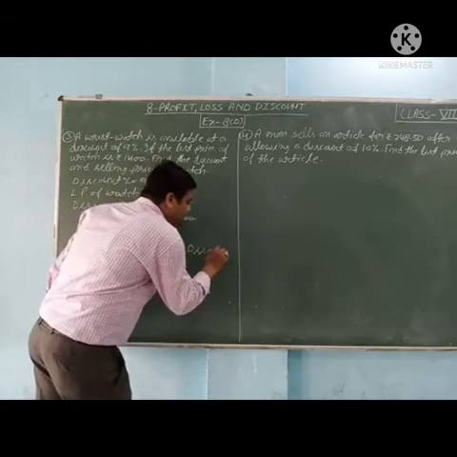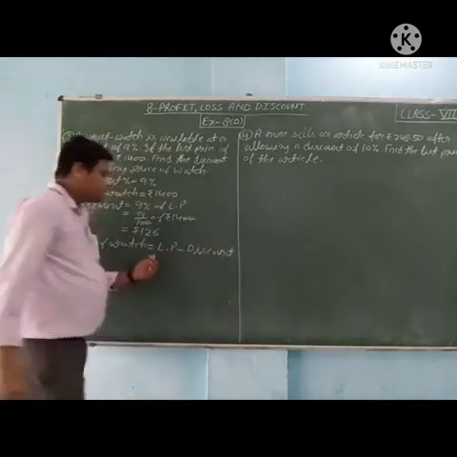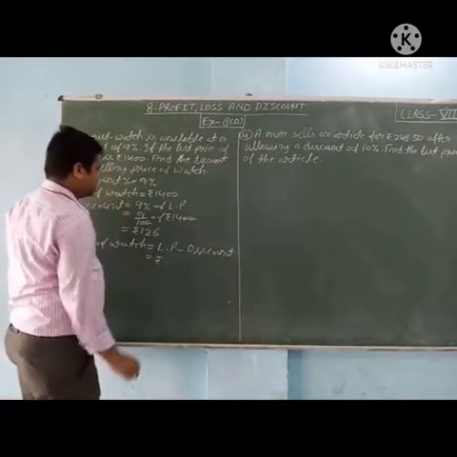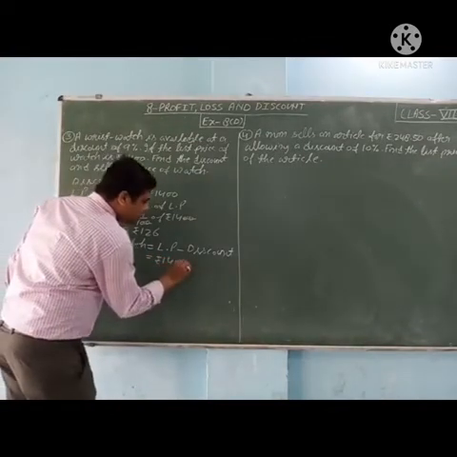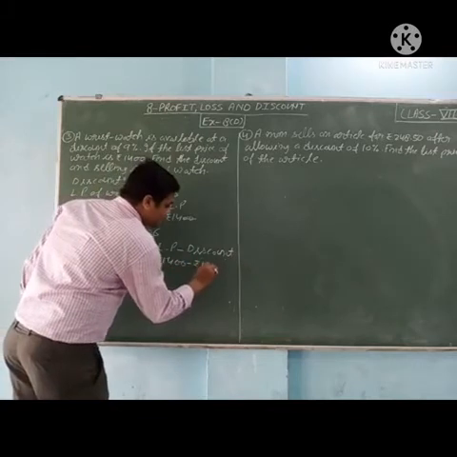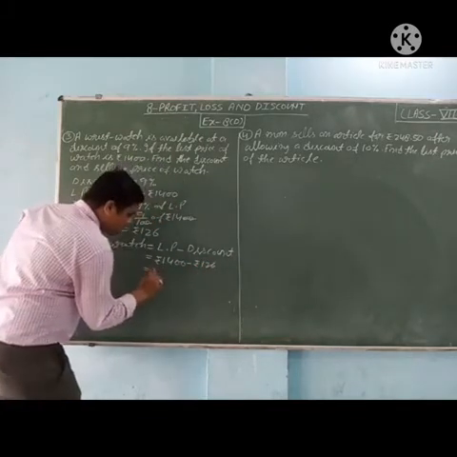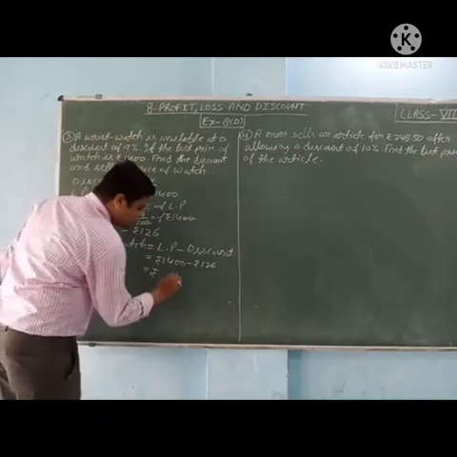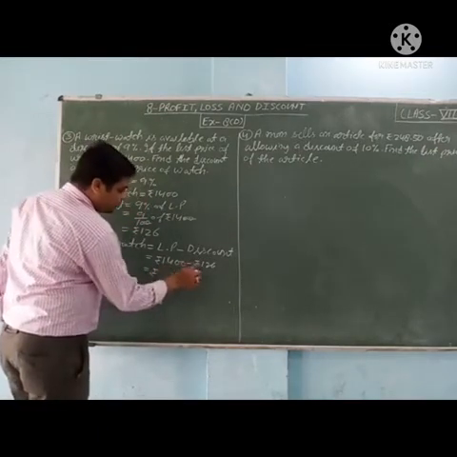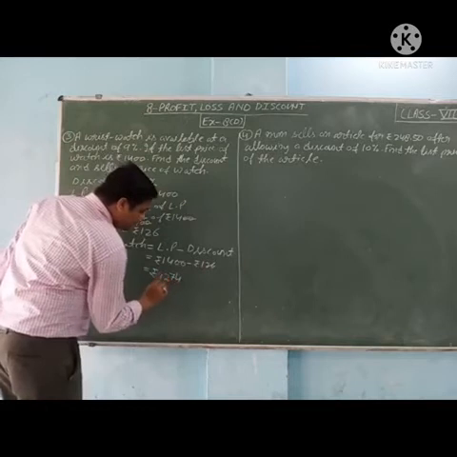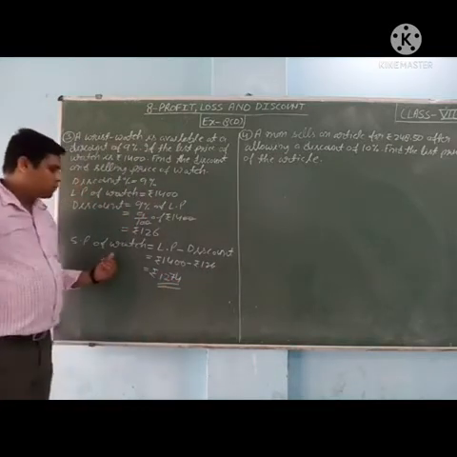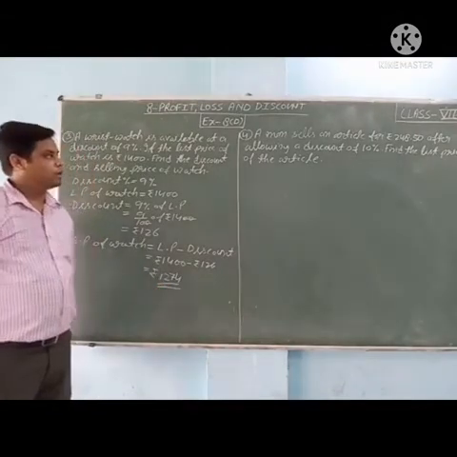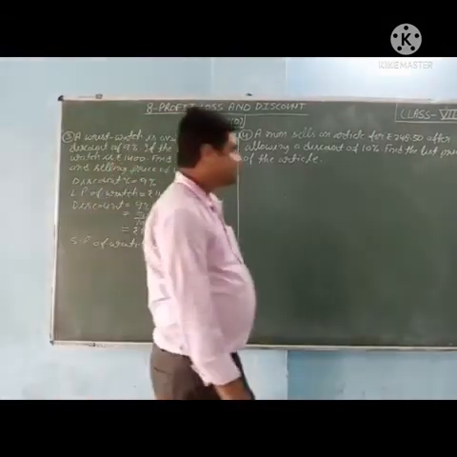If we have discount in rupees, then use this formula. So list price rupees 1400 minus discount rupees 126. Selling price is equal to rupees 4, 9 minus 2 is 7, then 3 minus 1 is 2, then 1. So selling price of watch is coming rupees 1274.